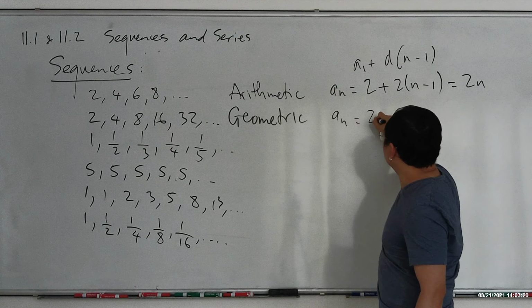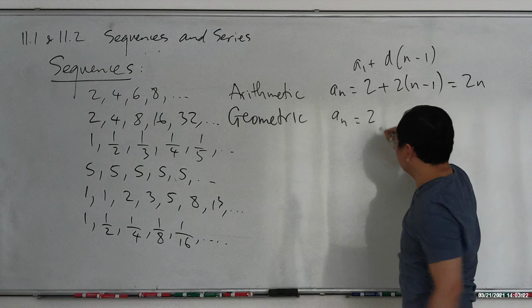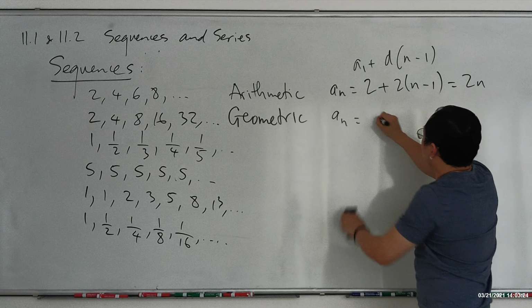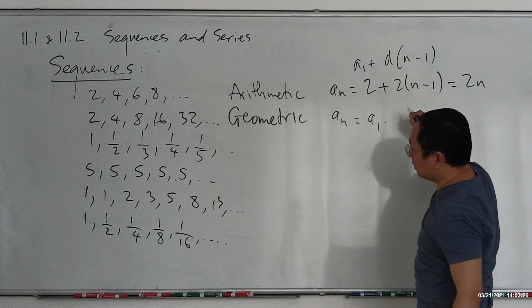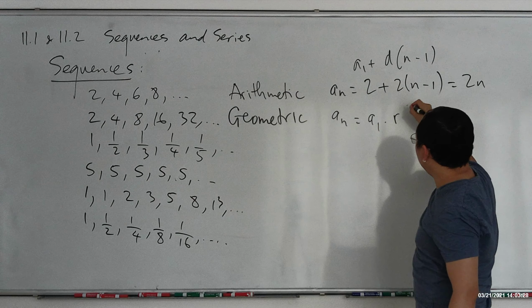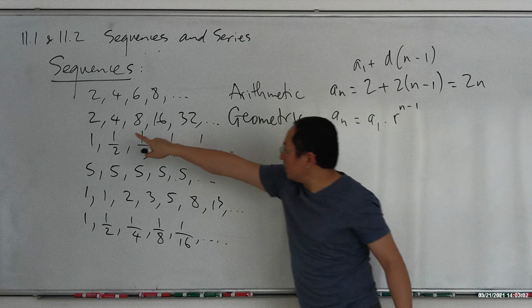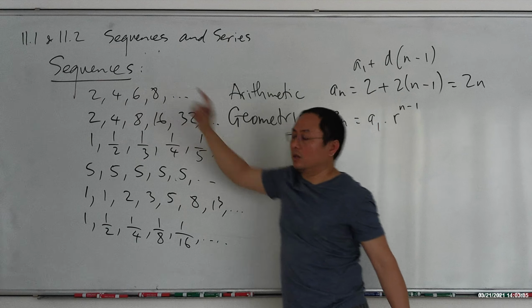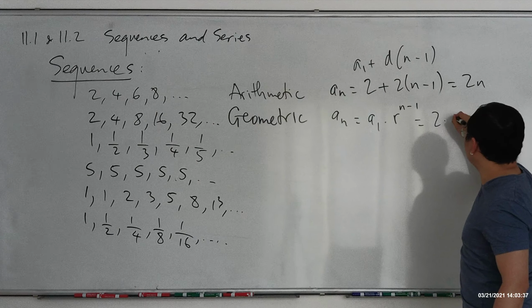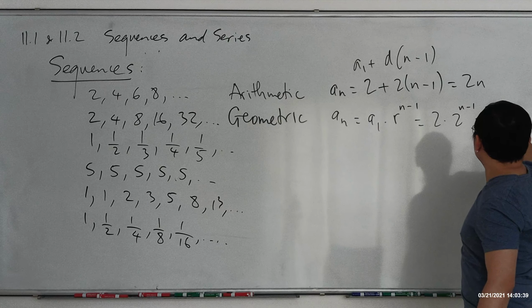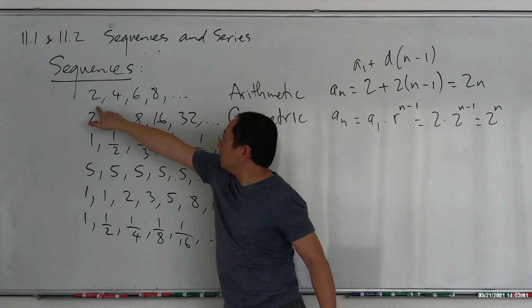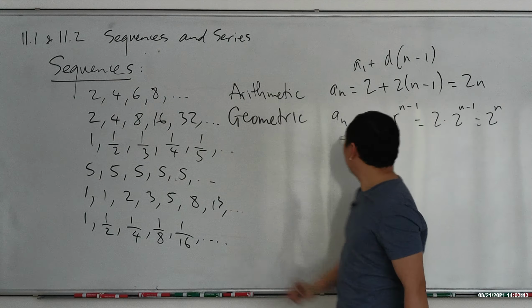The general formula is a_n equal to a1 times r raised to the n minus 1, where a1 is the first term and r is the constant you keep multiplying. So in this case, 2 times 2 to the n minus 1, which is 2 to the n. So 2 to the first, to the second, to the third, we have it.